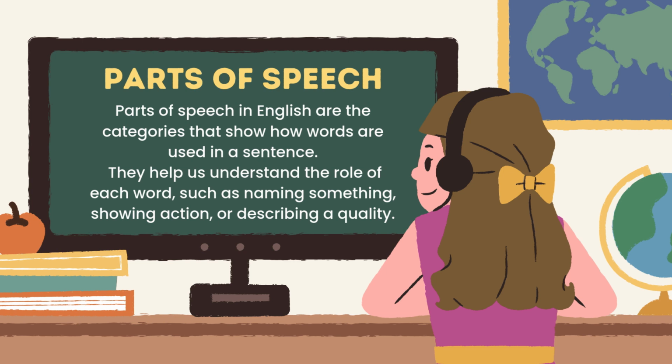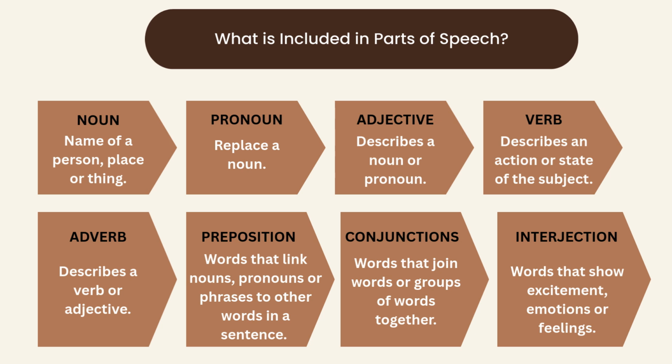They help us understand the role of each word, such as naming something, showing action, or describing a quality. English में 8 main parts of speech होते हैं, जैसे कि nouns, pronouns, adjectives, verbs, adverbs, prepositions, conjunctions and interjections.